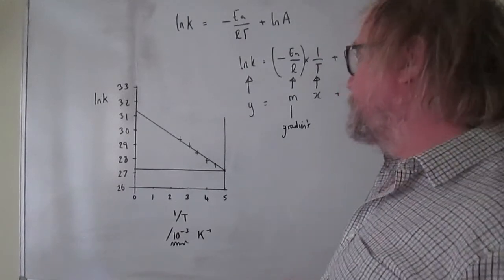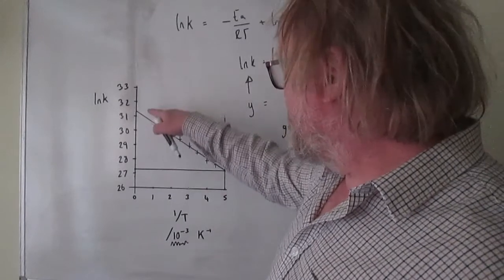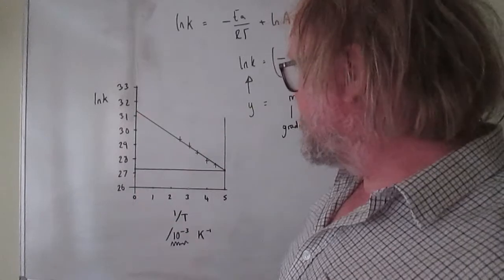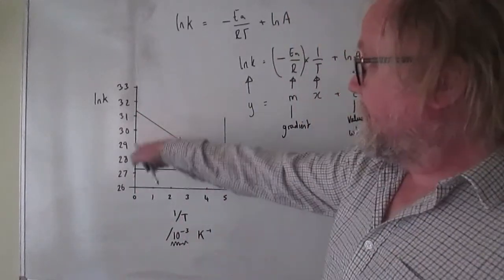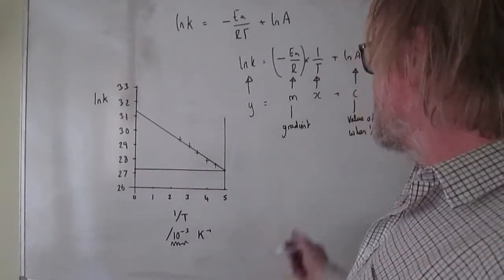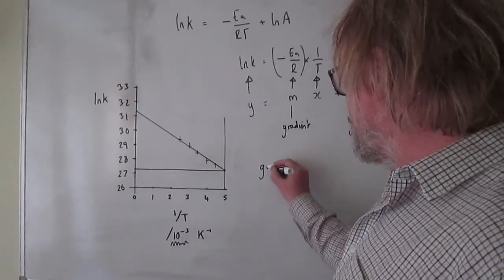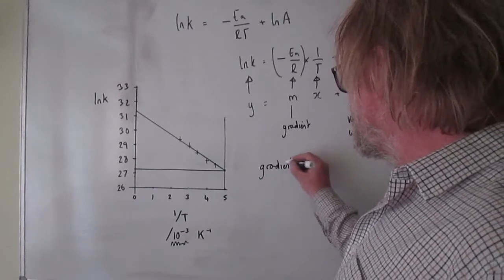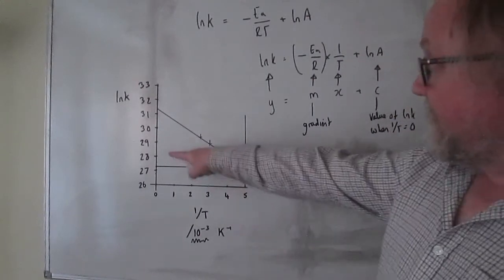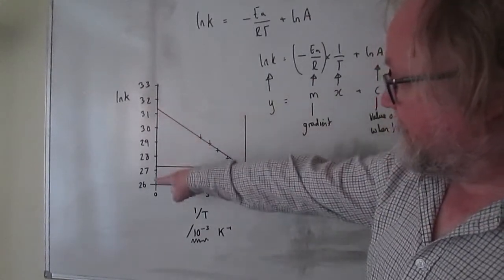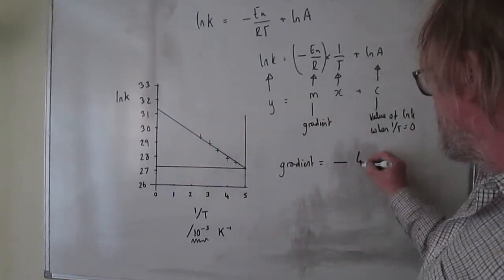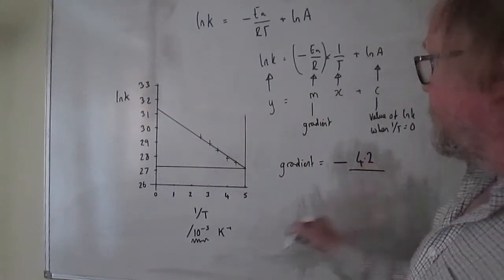So if we look at this, it's about 31.3 minus 27.2, something like that, on our vertical axis, and it's about 0 to 5 across there. So we can write that our gradient is equal to, now it's going to be a negative gradient because the line's going downhill. So the vertical change is minus 4.2 or thereabouts, so minus 4.2 divided by the horizontal change.